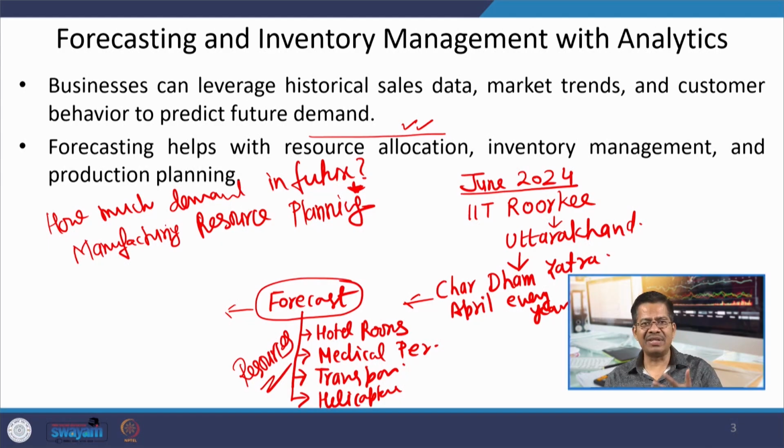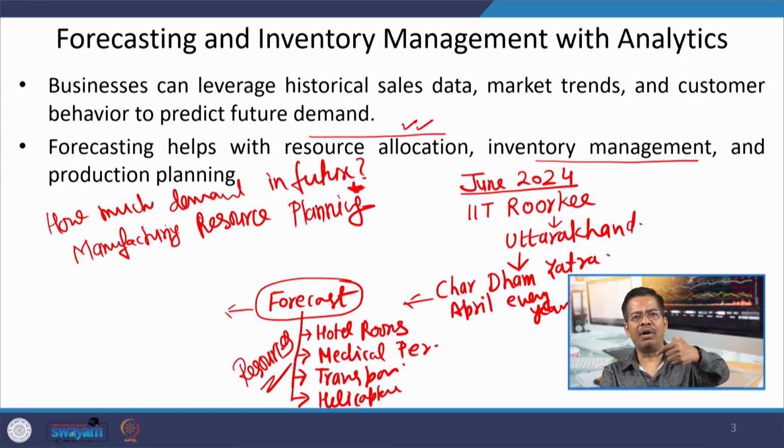I am talking of a service organization, where different types of resources are there. If you are a manufacturing organization, different types of resources are there. So, more accurate forecasting will help you allocate your resources accordingly. Second is proper inventory management.